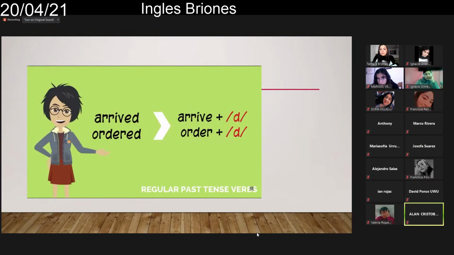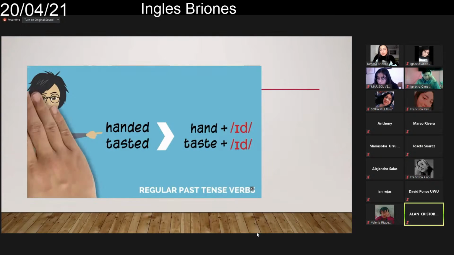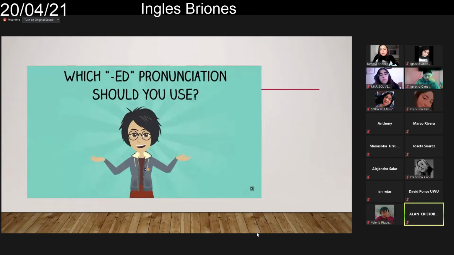Arrived, ordered. The ed in handed and tasted ended with an id sound. Handed, tasted. So how do you know which ed pronunciation to use?